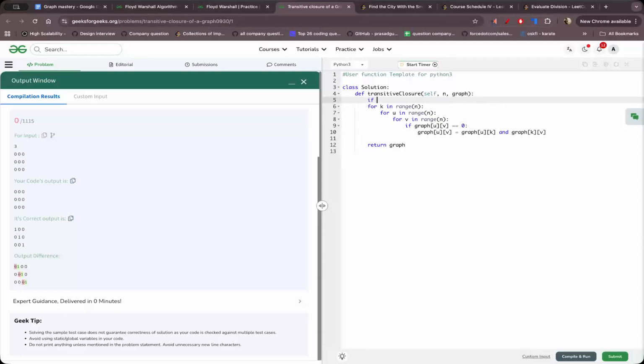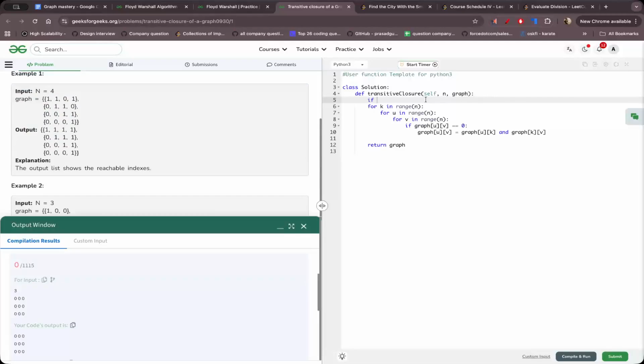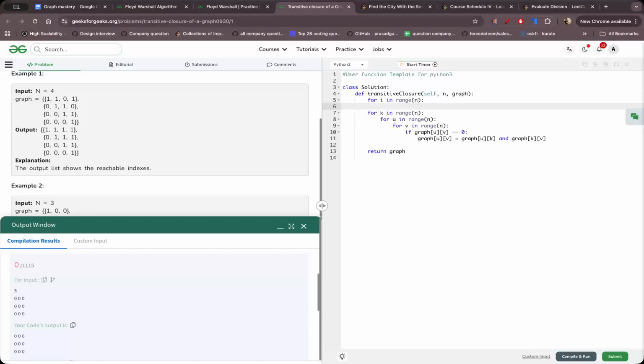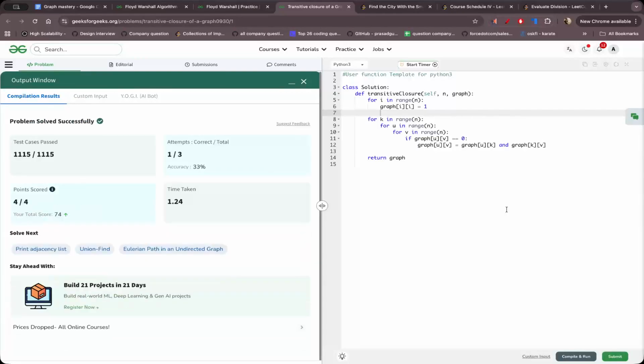By default, obviously every node is reachable to itself, and that is wrong here. So I'll simply say for i in range of n, graph of i, i equals 1, that means there should be a path from a node to itself, so that should be given. Yeah, okay, so there's nothing wrong in our algorithm. It's just that one edge case that they haven't given.